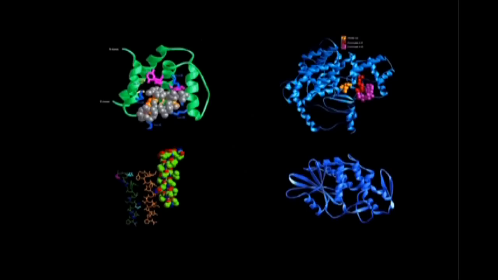Let's start with some pictures of proteins. Proteins are the molecules that do all the important jobs inside cells. They catalyze reactions, they build structural parts, they process information on DNA, which we're going to talk about in a minute. So they do all the important jobs that keep living systems alive.